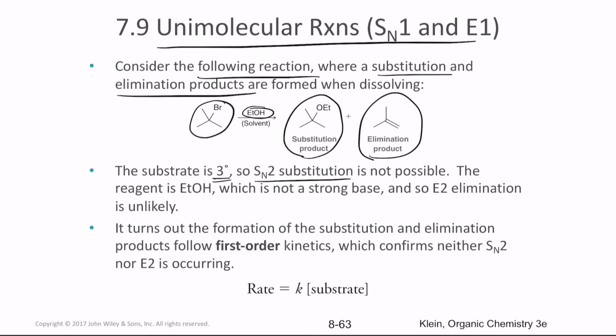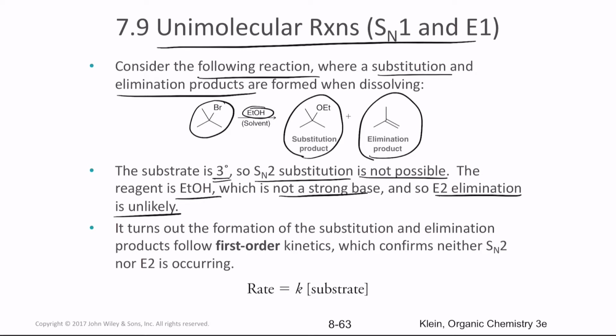The chances are SN2 substitution will not occur, because SN2 substitution requires less steric hindrance. The more steric hindrance there is, the more negligible the SN2 reaction is. The reagent is ethyl alcohol, which is not a strong base, so E2 elimination is generally unlikely.